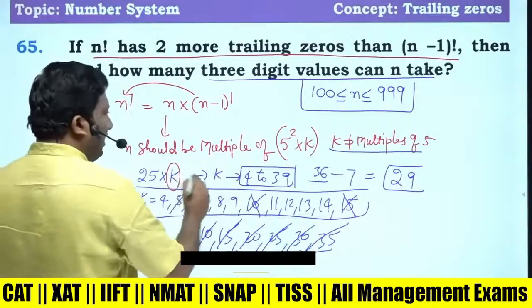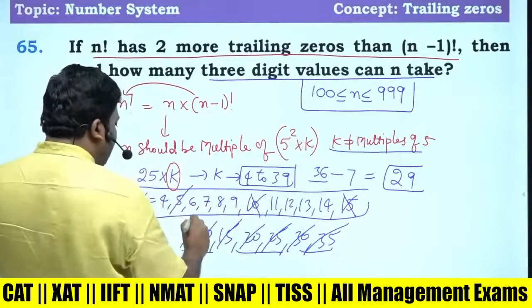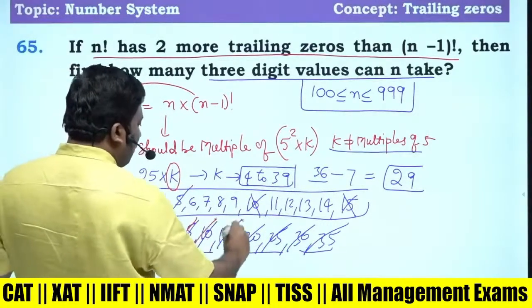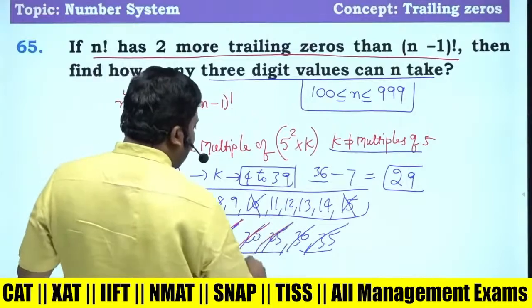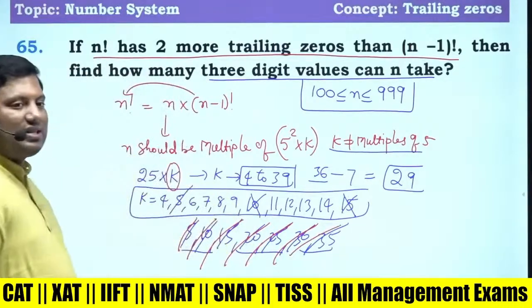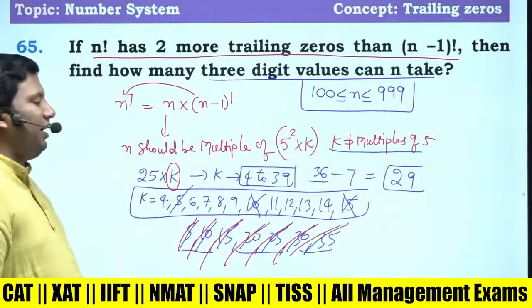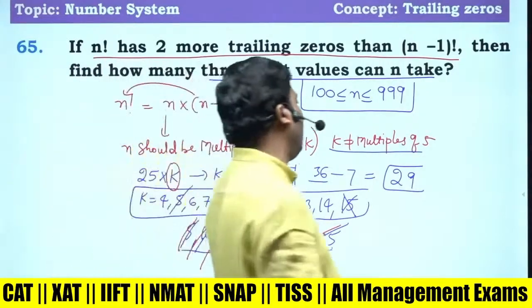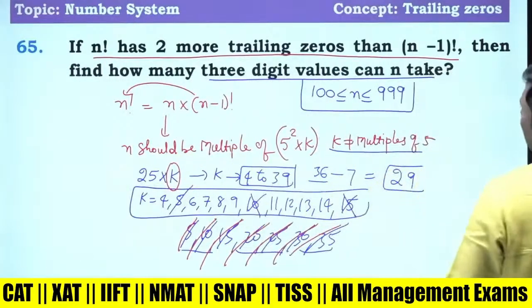From 4 to 39, k cannot take multiples of 5. There are 5 ones, 5 twos, 5 threes, 5 fours, 5 fives, 5 sixes, 5 sevens. 7 cases are eliminated. 36 minus 7, it is 29. Next one.